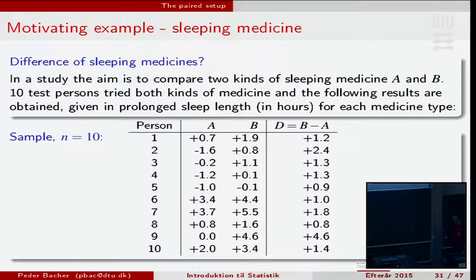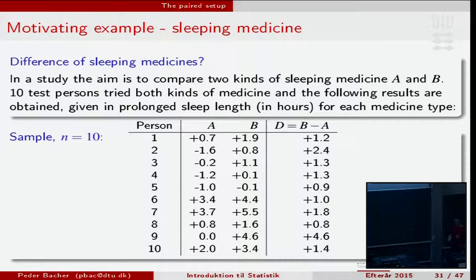The same person first had sleeping medicine A, and then we saw how long they slept, and then they waited for some time, and then they had sleeping medicine B, and we observed how long they slept. But we did that for the same person.